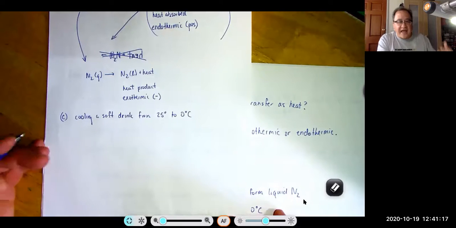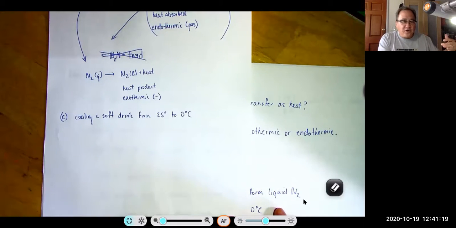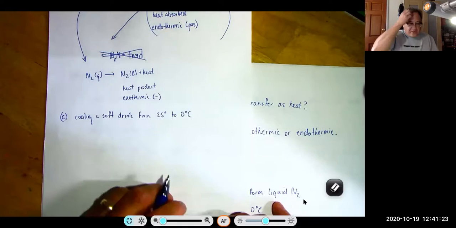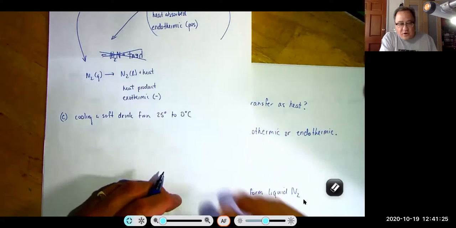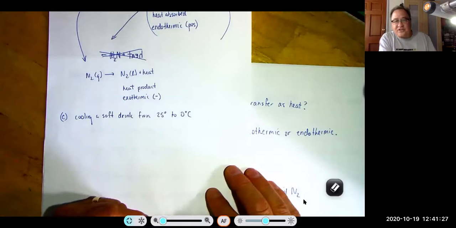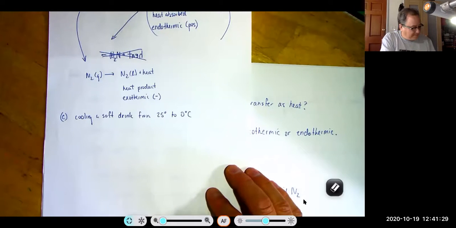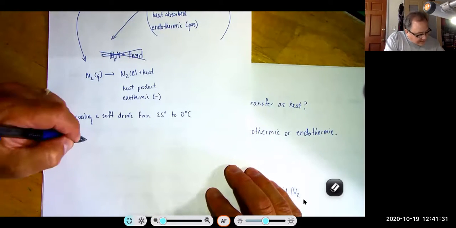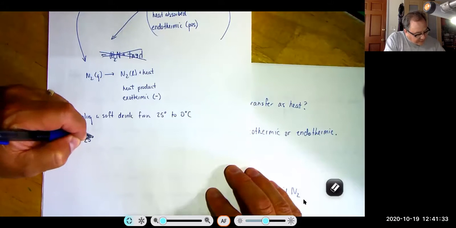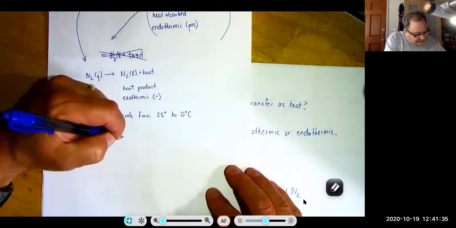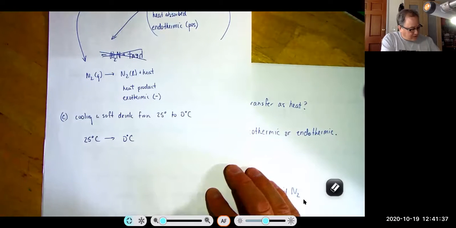But you can't add cold. Heat flows from hot to cold. You can't add cold and say that cold flows from cold to hot. There is no such thing as cold. There's just heat. So here, we're going to take a drink at 25 degrees Celsius and turn it into 0 degrees Celsius. So here's my drink.